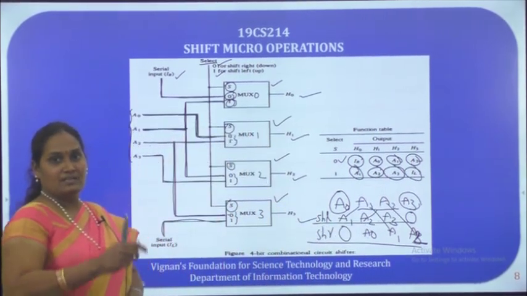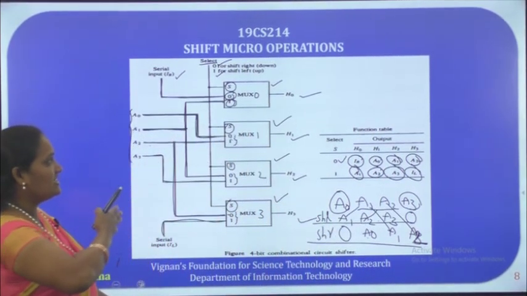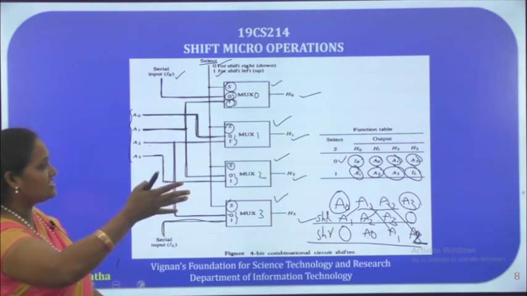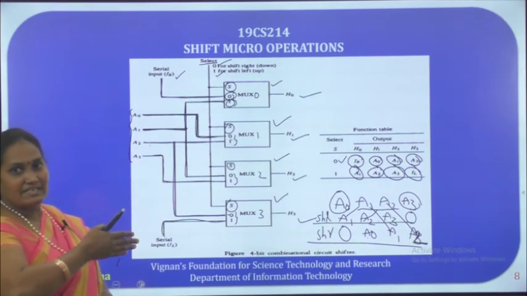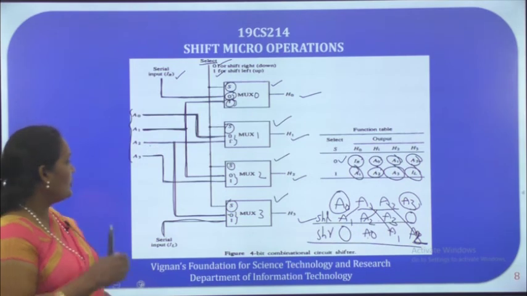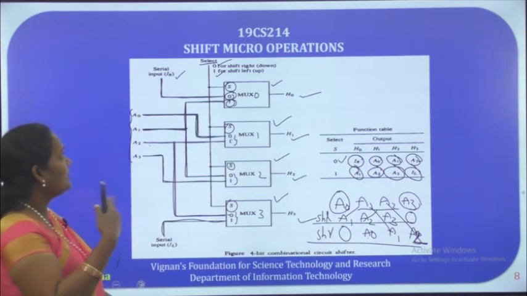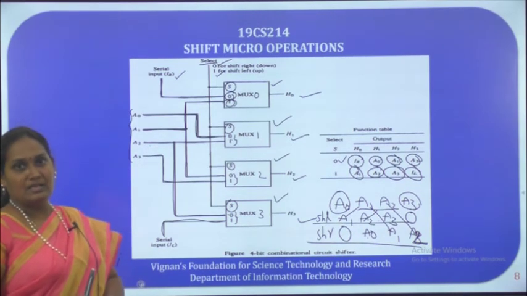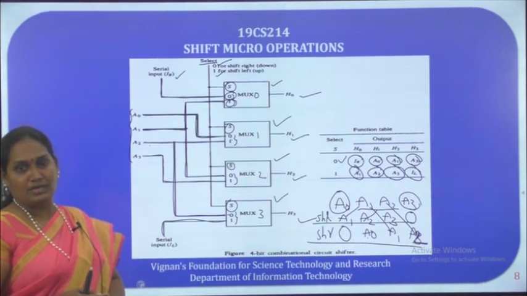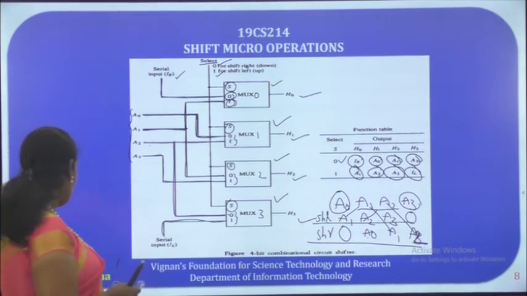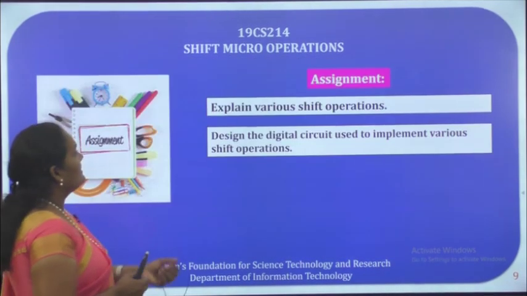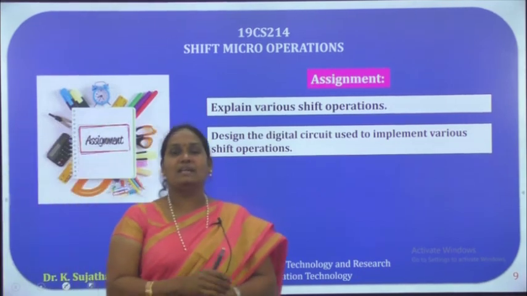So that's why selection input 0 always indicates the right shift, and selection input 1 always indicates the left shift. I hope that you all understood how this digital circuit is designed to perform both left shift and right shift. Here I am going to recollect the things.